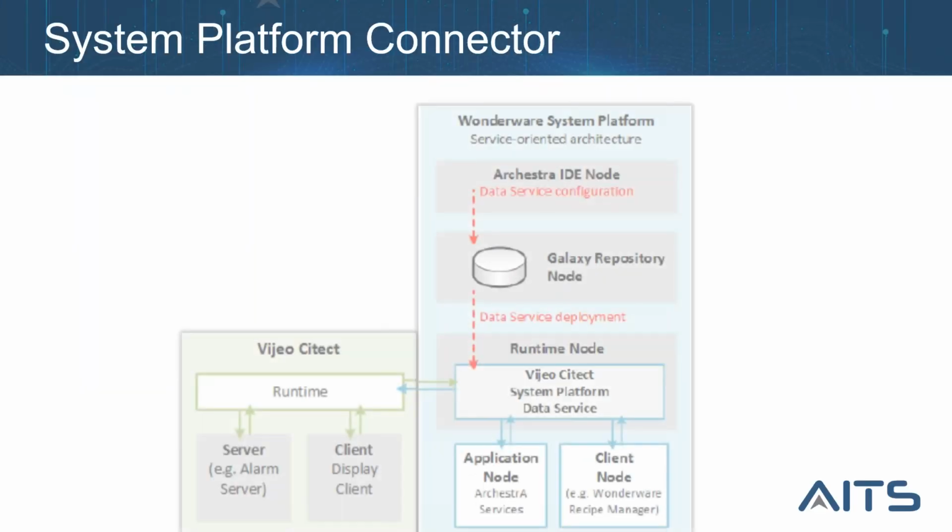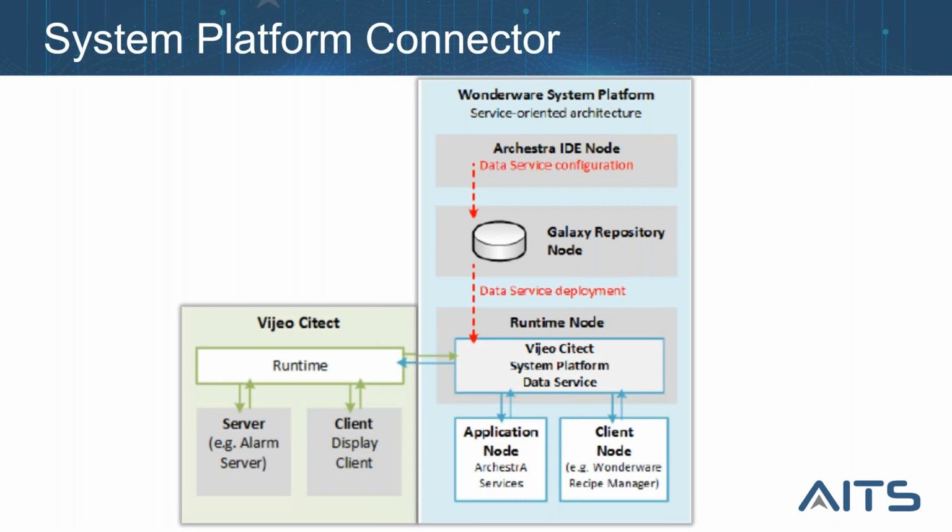The Citect System Platform connector is integrated as a service. This service allows you to connect a Citect SCADA to an AVEVA System Platform, allowing data from the Citect runtime node to be exposed to the AVEVA operational applications.